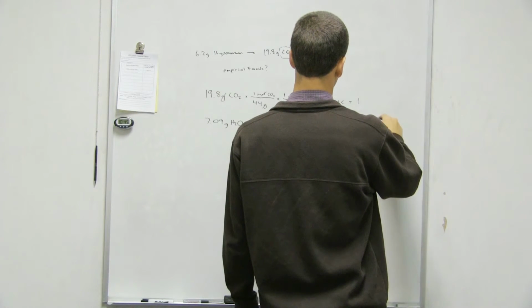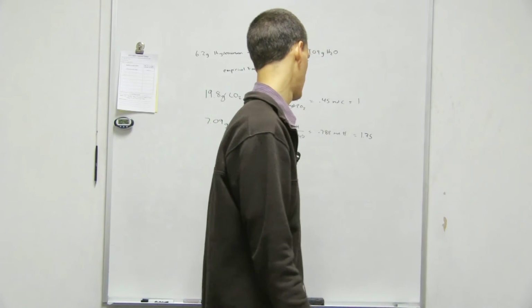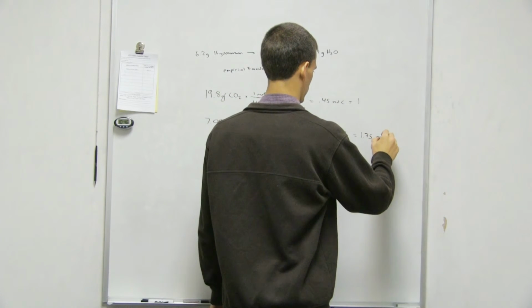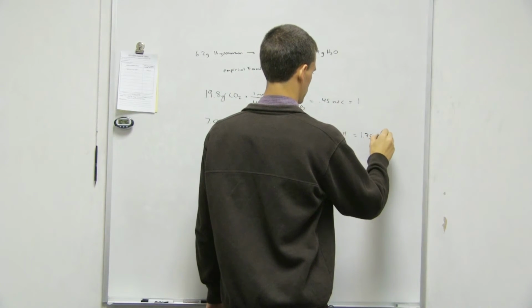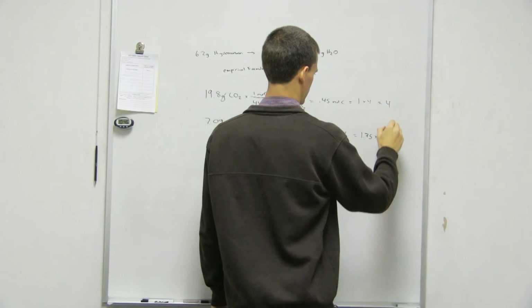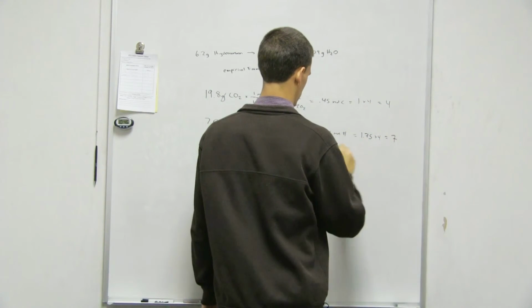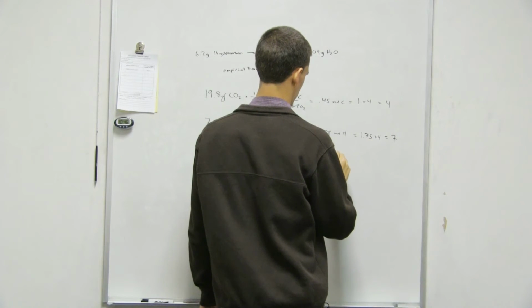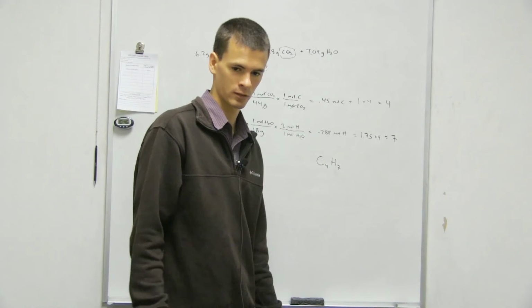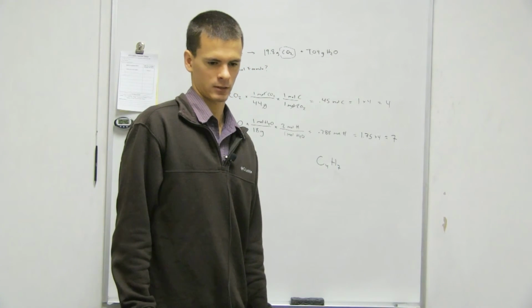Times it by 3, 5.25. I think you have to times it by 4 to get 7. So it'd be 4 and 7. C4H7, I'm assuming. Is that what the right answer was?